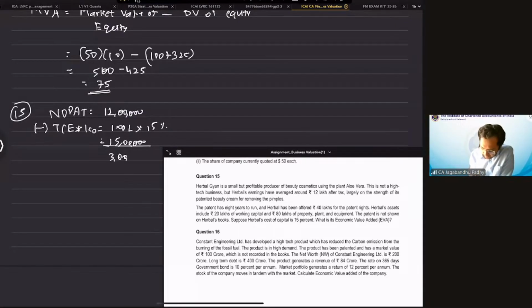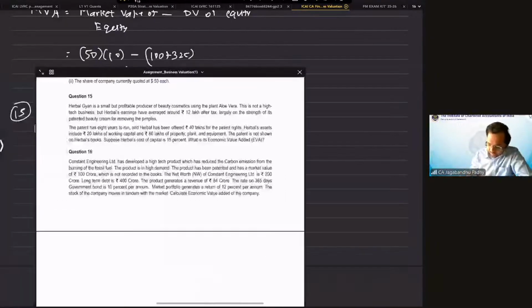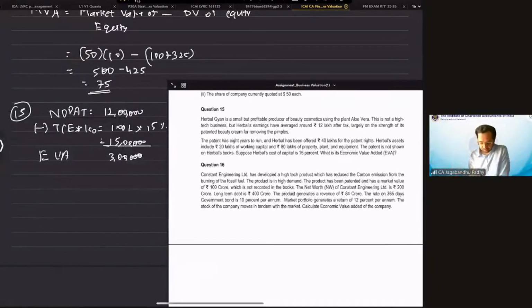And then the net is 3 lakh. So this is going to be your EVA, economic value added, which stands as 3 lakh. Okay.